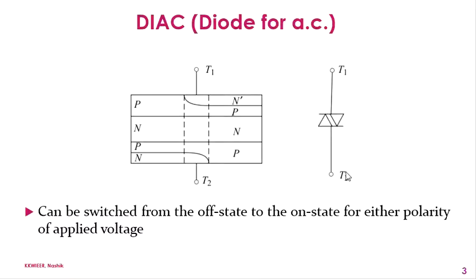Also, if the T2 terminal is positive and T1 is negative, PNPN conducts. As I have said, it can be switched from off state to on state for both polarities of applied voltage.